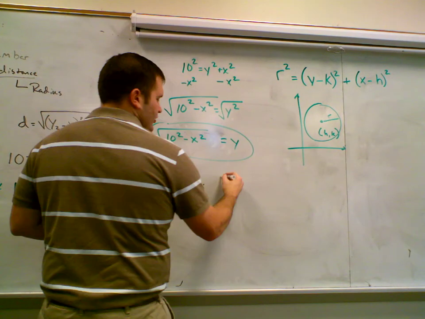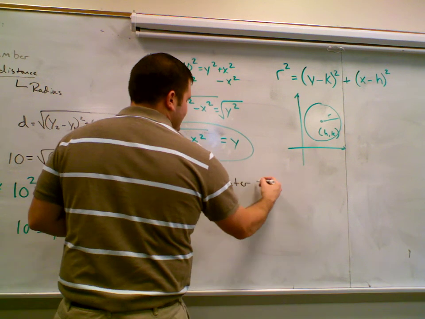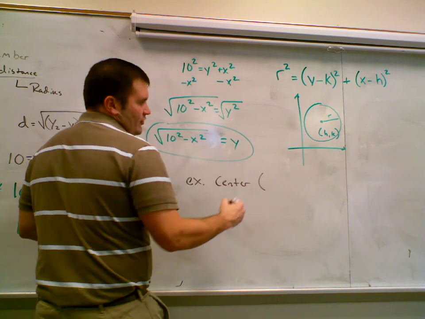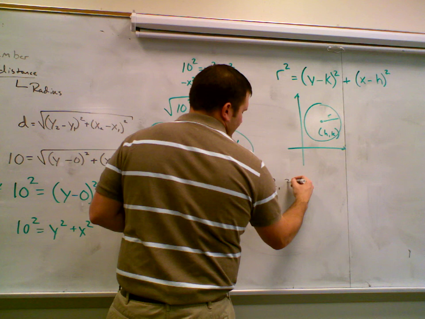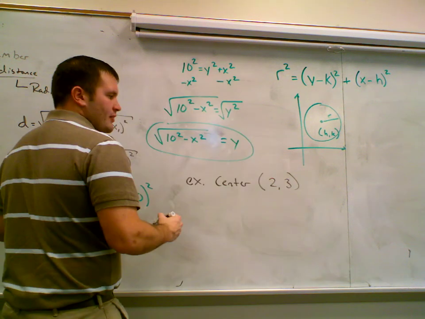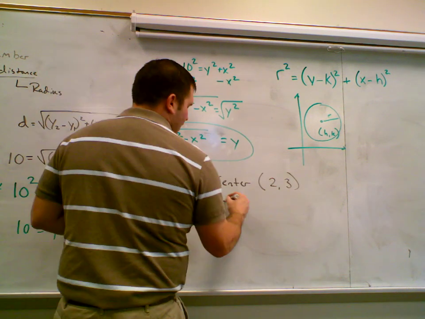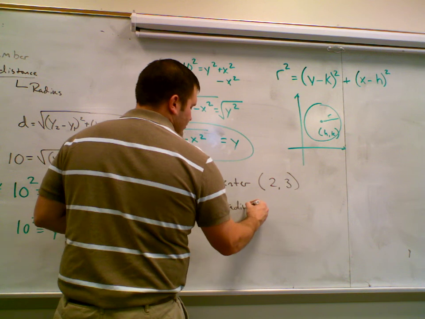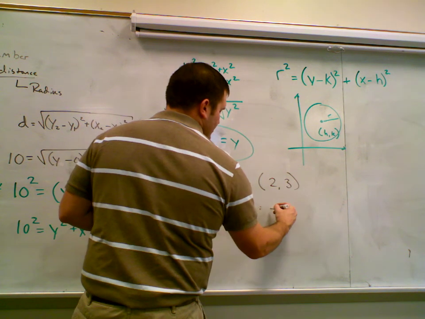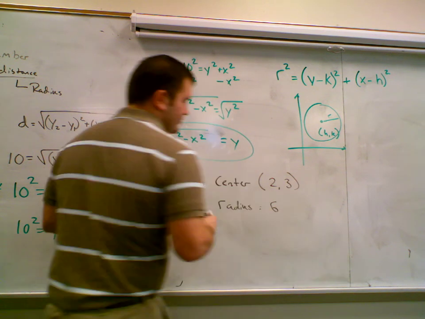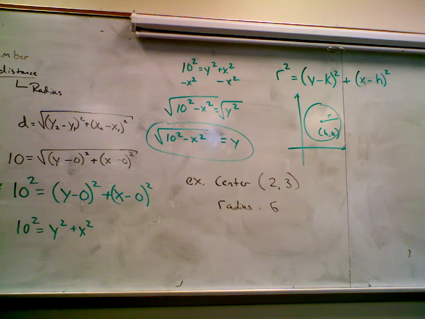Example. We're going to have the center at 2 comma 3, and the radius is going to be 6. So the center will be at 2 comma 3, and the radius will be 6.